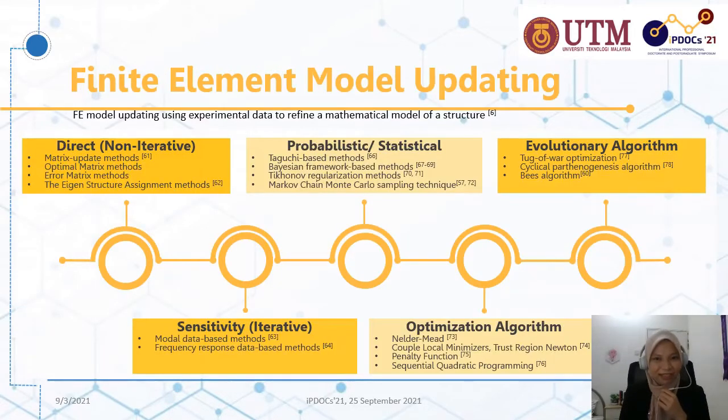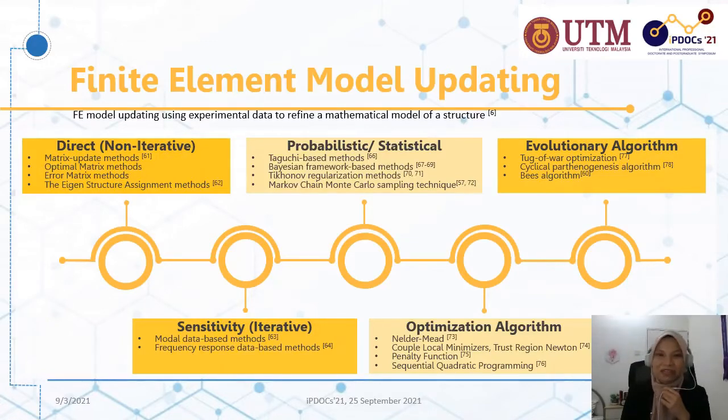As mentioned earlier, model updating techniques can be categorized into direct method and iterative method. The iterative method consists of sensitivity-based methods, probabilistic or statistical method, optimized algorithm methods, and evolutionary algorithm method. The direct method requires complete modification of the system matrices or substructures.